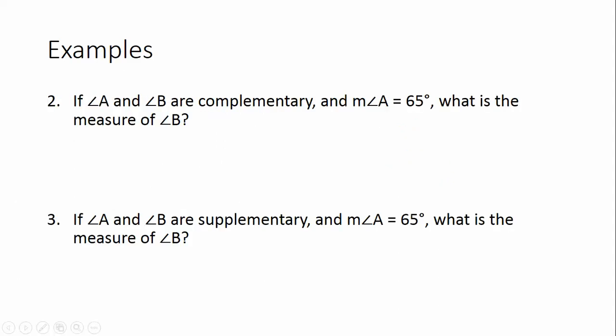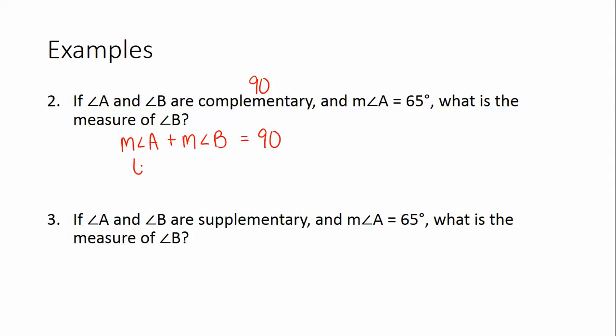Next we have two different problems. Please write these down so that you have something to look back on when you do your homework. If angle A and angle B are complementary, and the measure of angle A is 65, what's the measure of angle B? So the biggest thing to remember here is that complementary means they add up to 90. So we're going to take the measure of angle A plus the measure of angle B, and those equal 90.